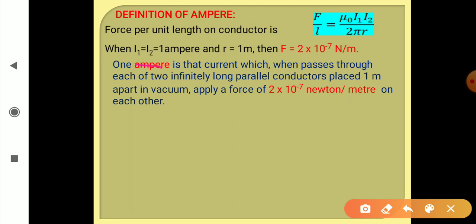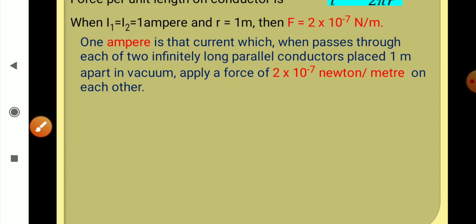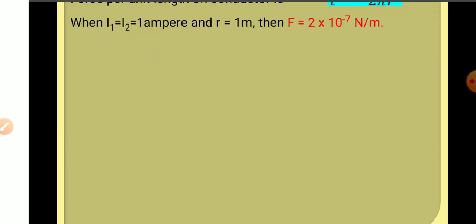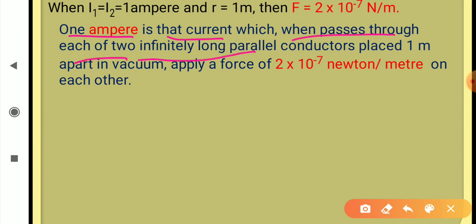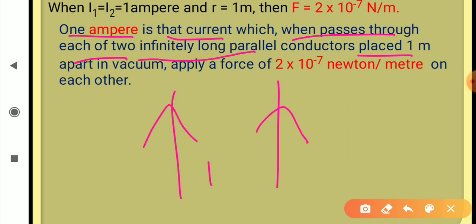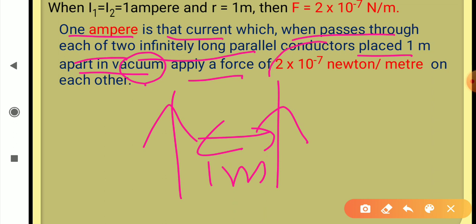One ampere is that current which, when passed through each of two infinitely long parallel current carrying conductors placed 1 meter apart in vacuum, applies a force of 2 into 10 raised to the power minus 7 Newton per meter on each other.